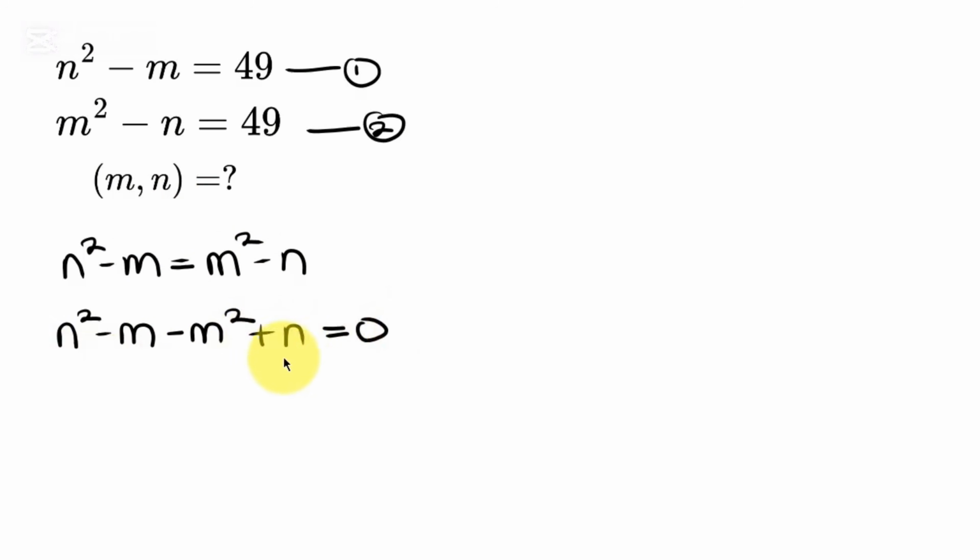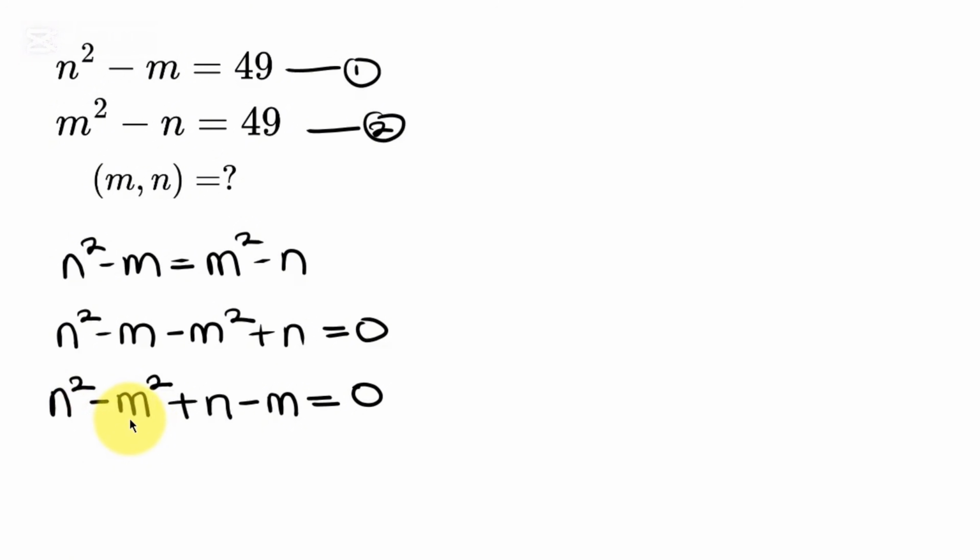Now let's rearrange this equation. So we have n squared. Now I'll take this term with squared. This is negative m squared, so I'll write it negative m squared. Now this is plus n, and then negative m. And this is equal to 0. Now notice the first two terms of this equation.